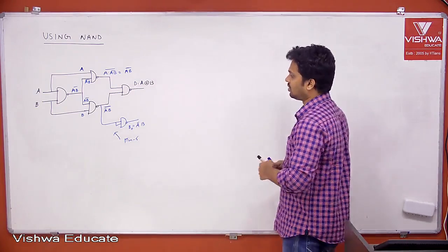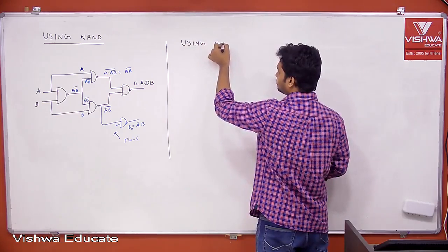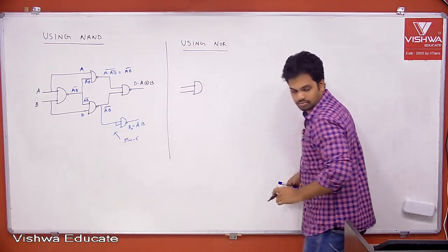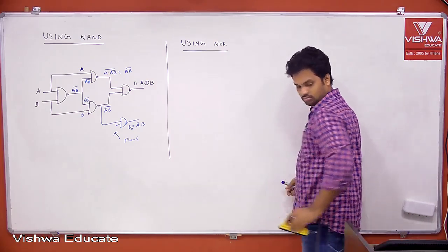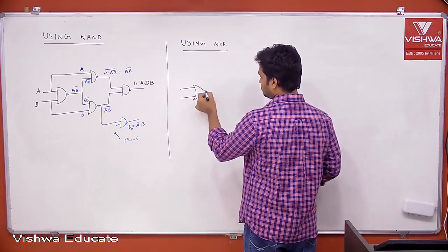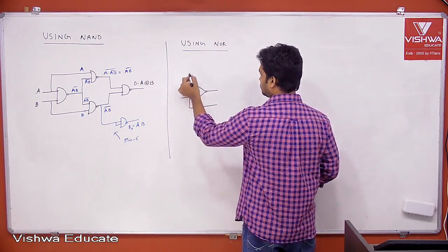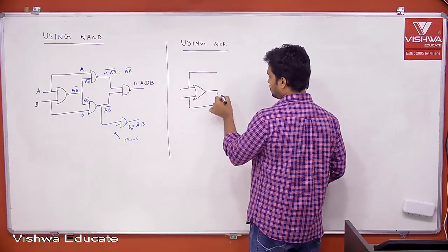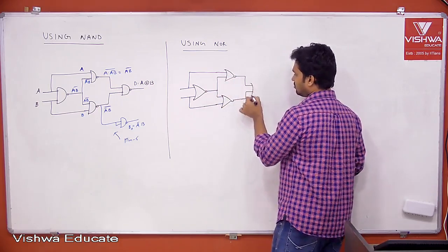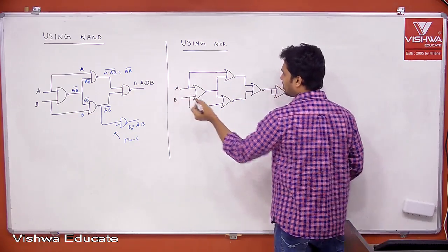Now let us make it using NOR gates. So if you take A here, B here, already we know this.